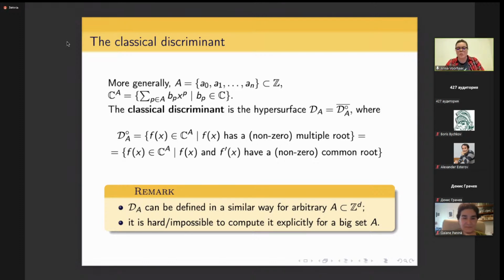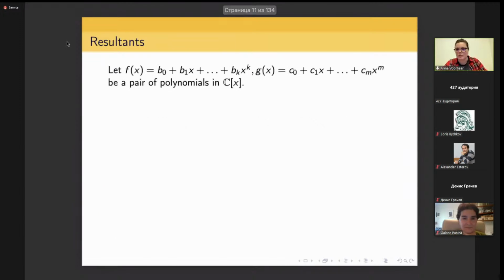In the one-dimensional case, when A is in a one-dimensional lattice, one could use the following trick. We could remember that we have a quite related notion, which is called the resultant. Since everything is one-dimensional, suppose we consider a pair of polynomials in one variable, f and g.